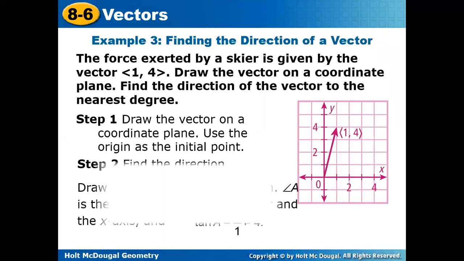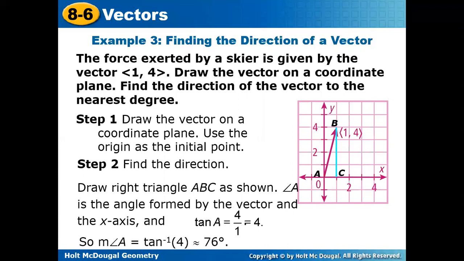Now to find the direction, we can draw right triangle ABC like this. Just draw this altitude as shown, and the angle formed by the vector and the x-axis is what we want to find.